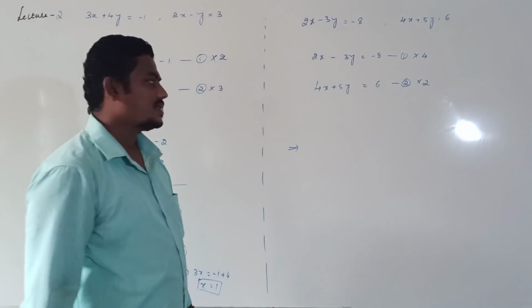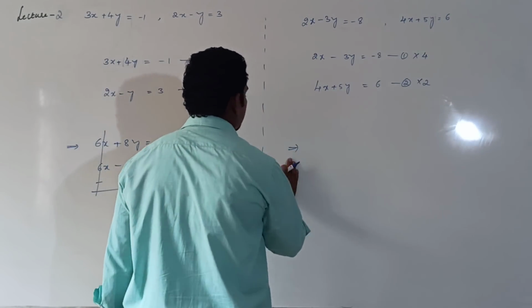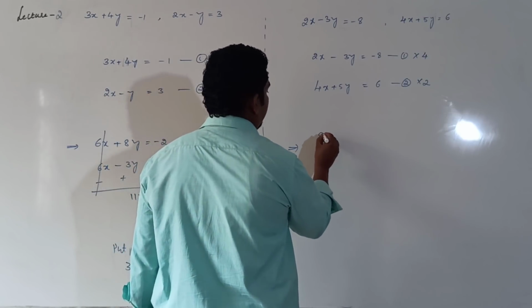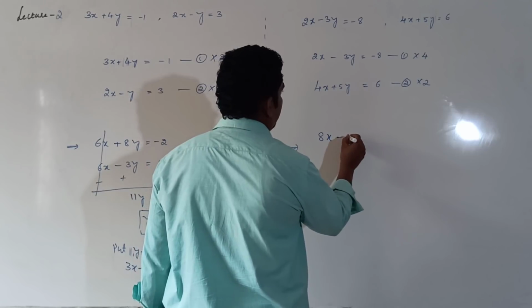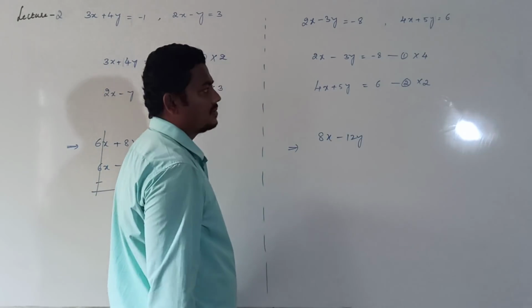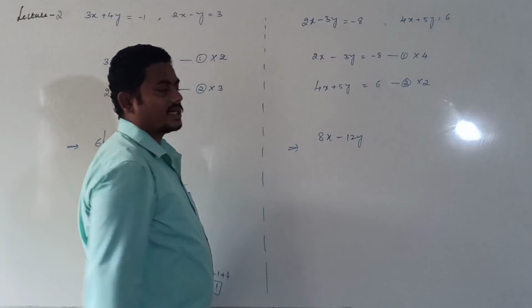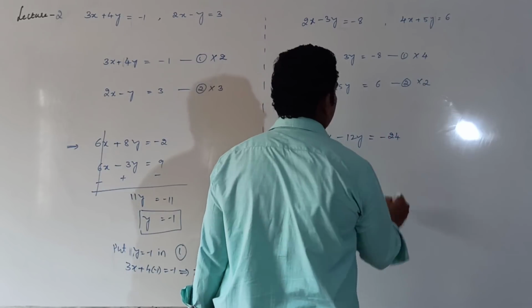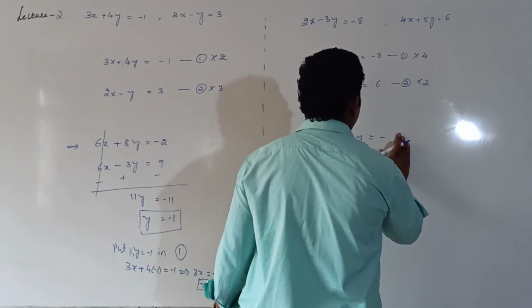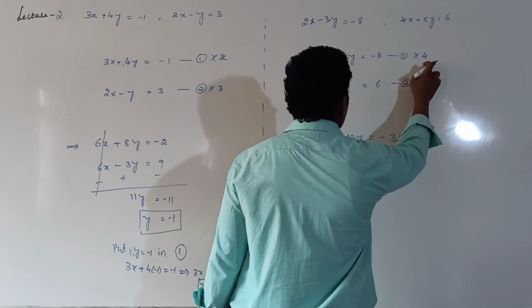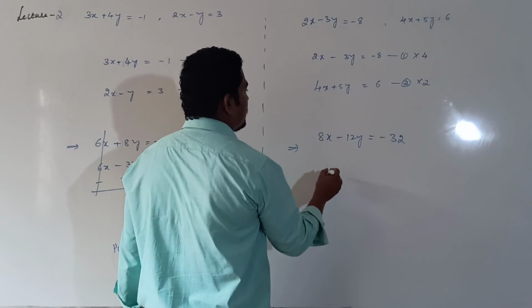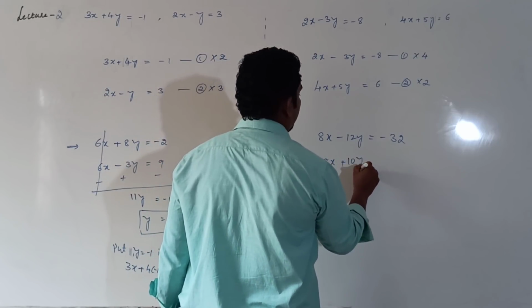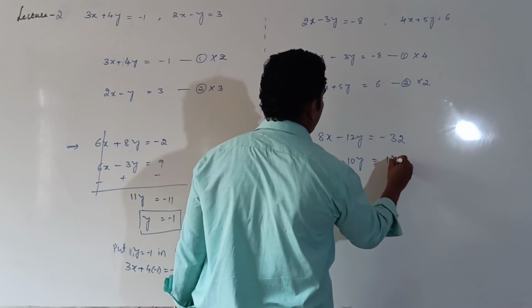Then these equations become 8x minus 12y equal to minus 32, because minus 8 into 4 is minus 32. After that, 8x plus 10y equal to 12.